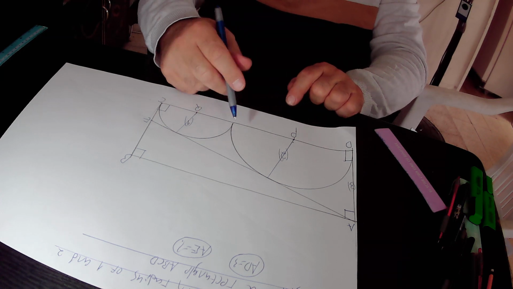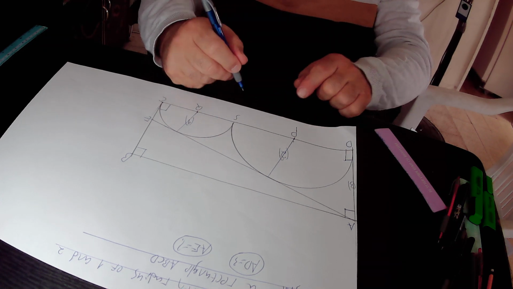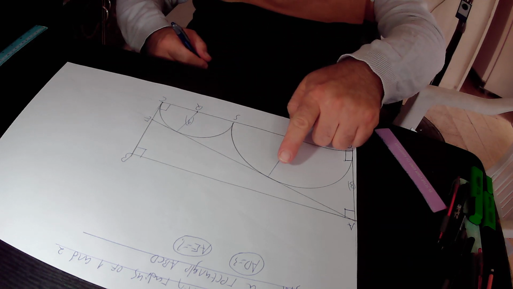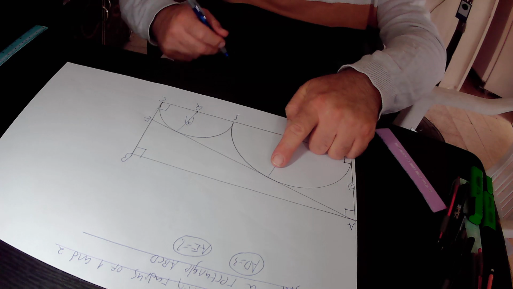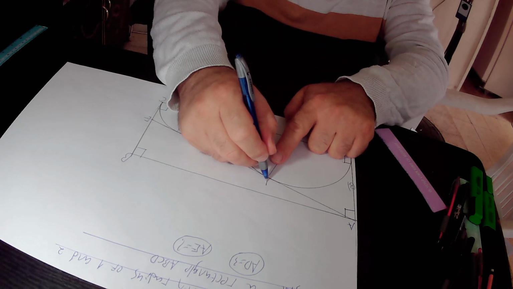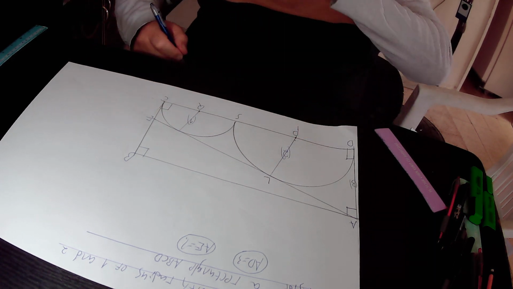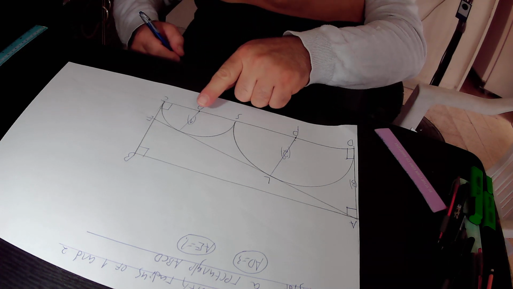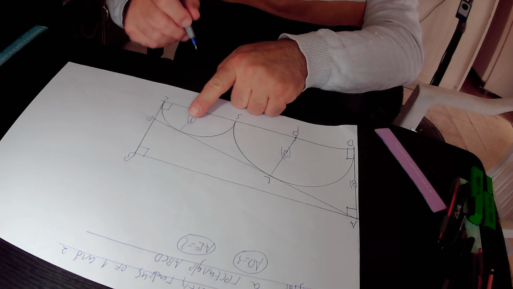This point is point S. Likewise, we will define the point of tangency of tangent AE with this big semicircle. This point is point L. And finally, we will define the point of tangency of tangent AE with this small semicircle. This point is point G.